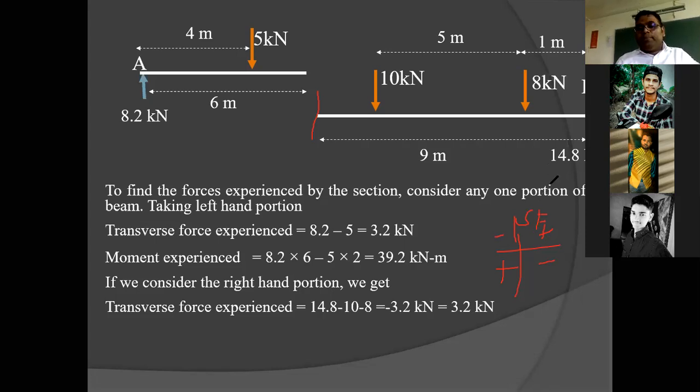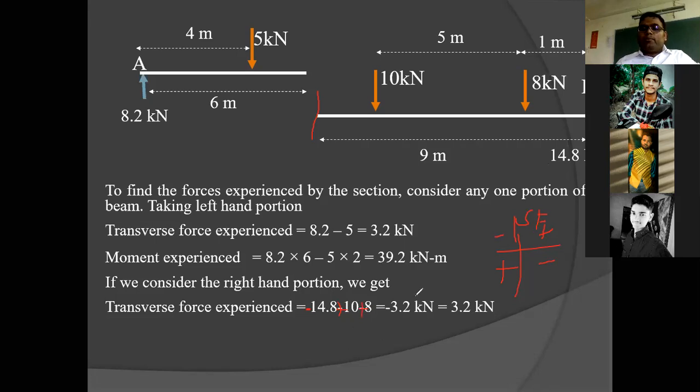It must be a negative sign. This transverse force must be negative, so 14 must be negative. Then 10 comes downward, so it must be positive. Correct it yourself. And this is positive.